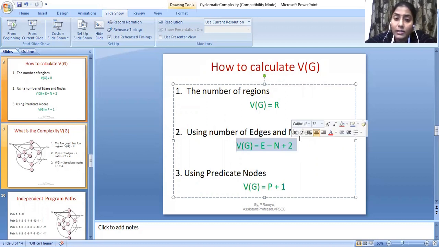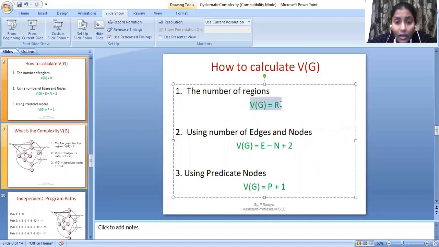You are doing the same calculation for the same piece of code. That means the complexity also should be the same, right? So in whatever way you calculate, the complexity of the code should remain the same. The first way to calculate the cyclomatic complexity is using regions.